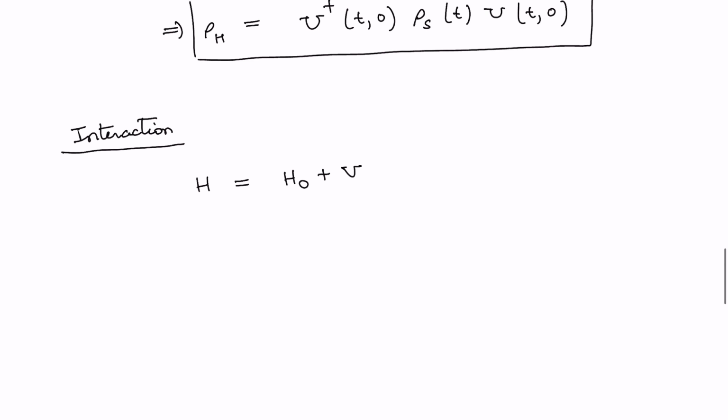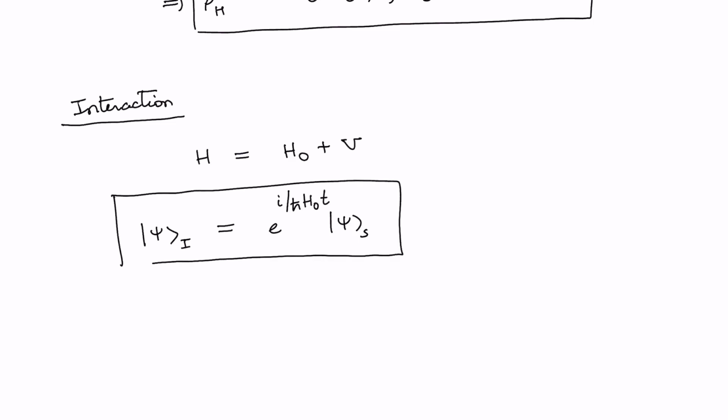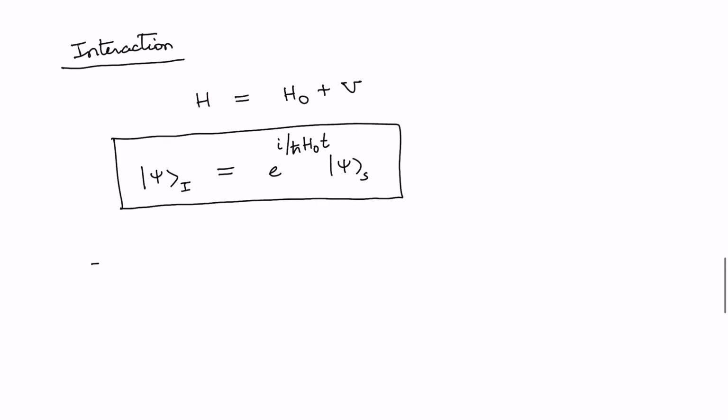Alright, now here the state vector in the interaction picture is related to the Schrodinger state vector by this expression: e to the power i by h cross H0 t. So this is how the state vector in the interaction picture is, and from here you can work out the density operator in the interaction picture.